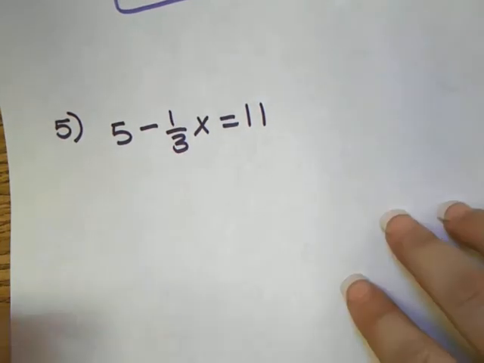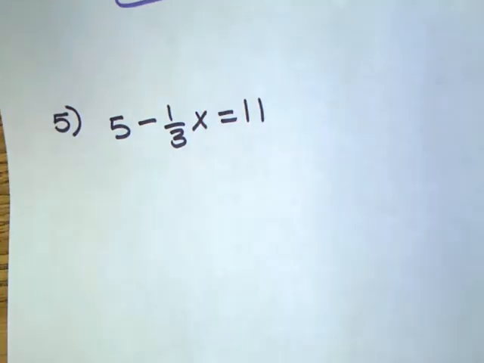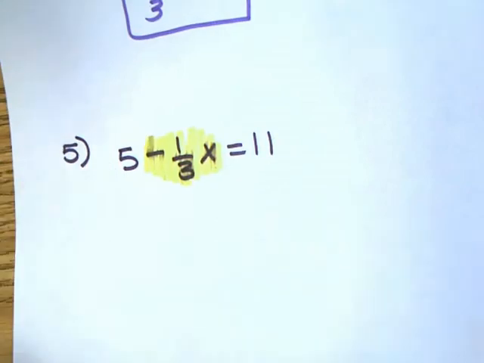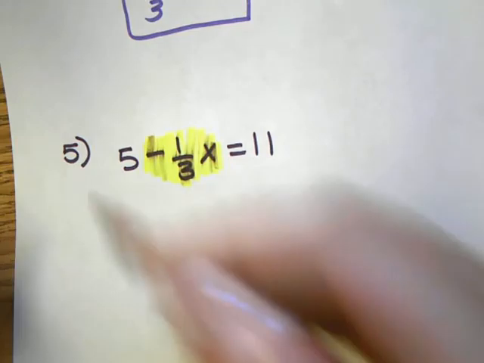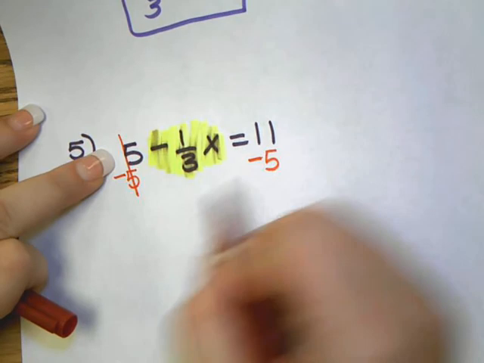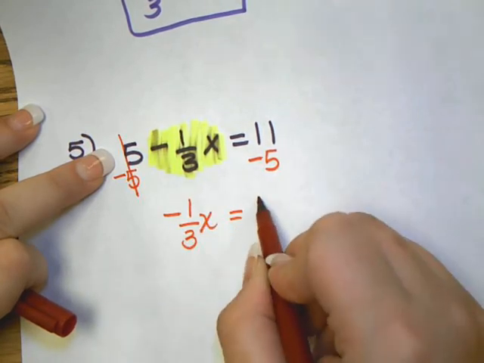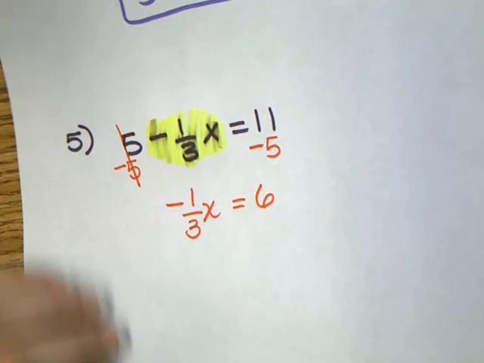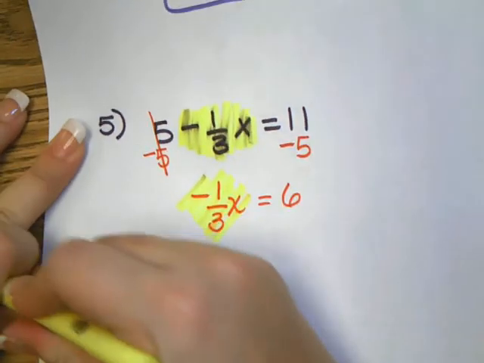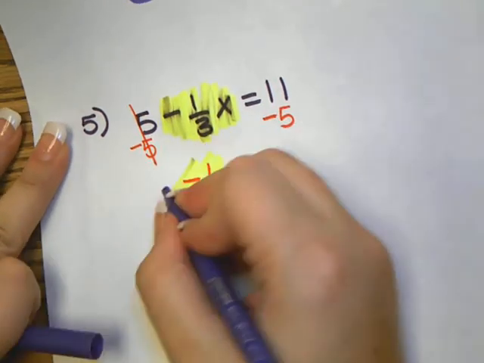Okay, let's take a look at number 5. So we can't simplify, no like terms, no distributive properties. So step 2, I'm going to highlight. And then we're going to subtract 5. Now this is all by itself.